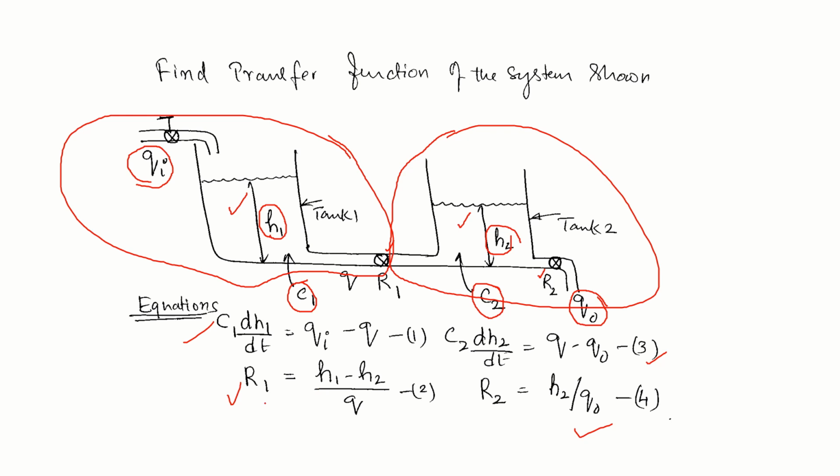By taking the Laplace transform and making the manipulations, we can obtain Q0 of S by Qi of S, and you will definitely get a second order system transfer function. That part you can complete.